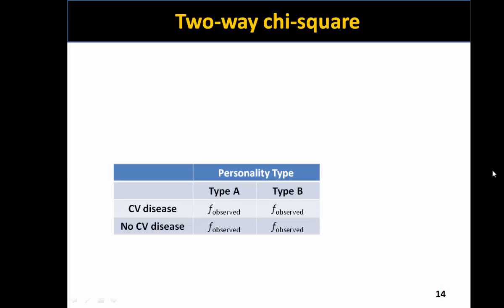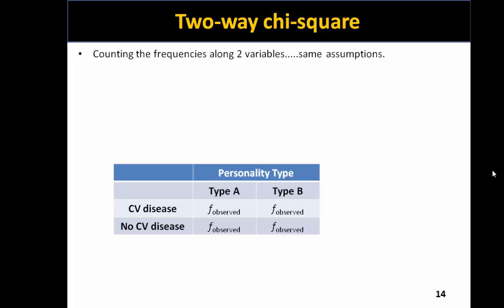In this lecture, we're going to examine an example in which the two-way chi-square statistical procedure would be applicable. This is an approach that we would use in the event that we actually have two independent variables.